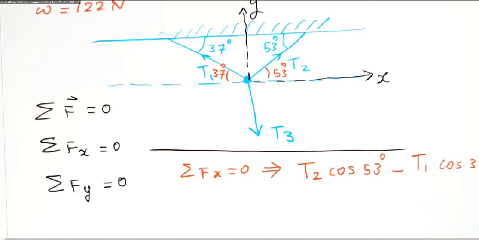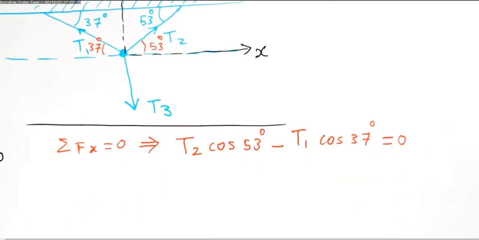Now, let me repeat. If you do a mistake in the sign here, the whole equation is wrong. If you write the equation correctly and you do a silly mathematical mistake, deduction will be small. But you need to write the physics equation correctly.